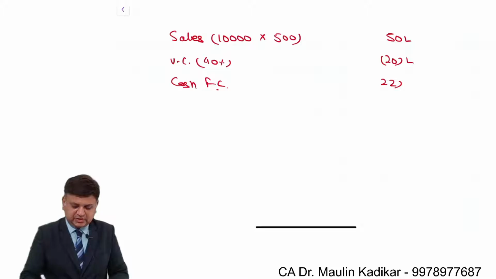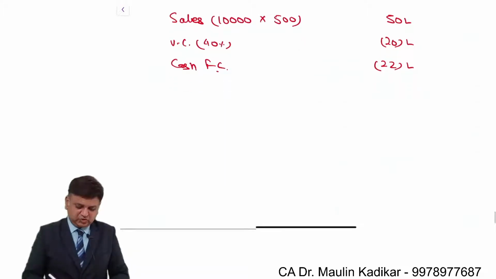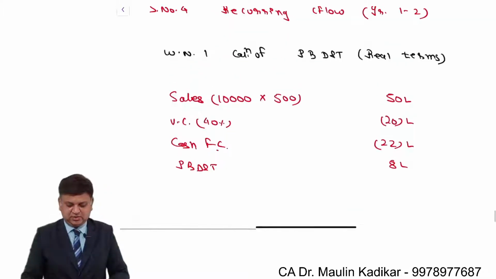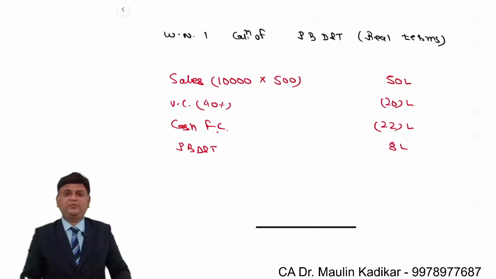Cash fixed cost is 22 lakhs. So we get profit before depreciation and taxation as 8 lakhs. This is what we get profit before depreciation and taxation in real term.